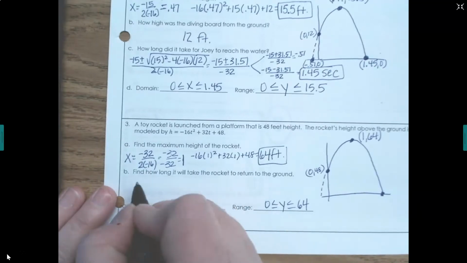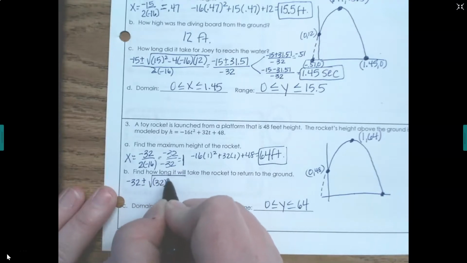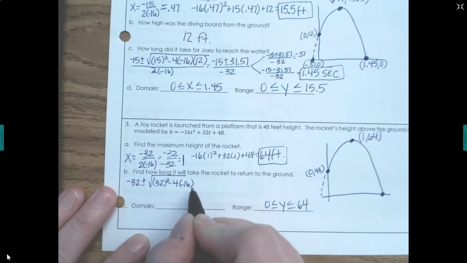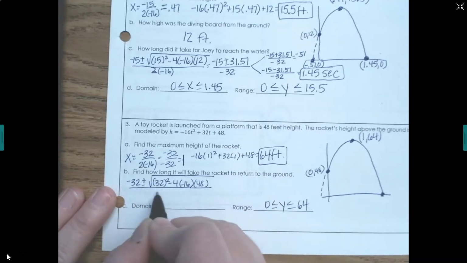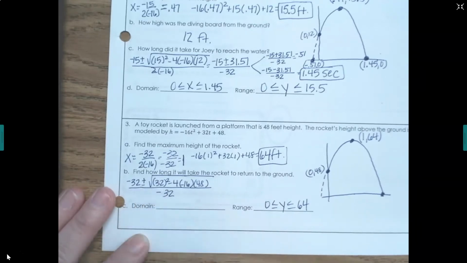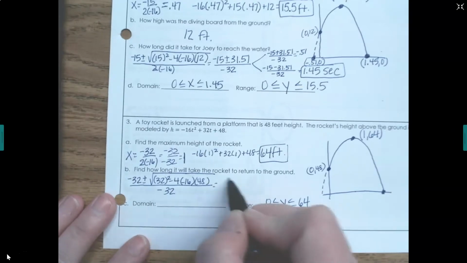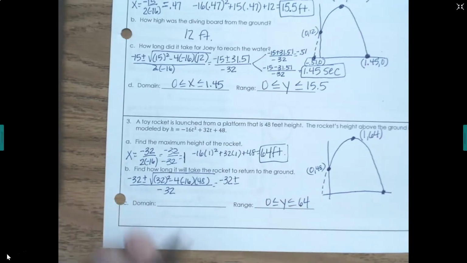So we have negative b plus or minus the square root of b squared minus 4 times a times c, and this whole thing will be divided by 2a, which will be negative 32. So we're going to start simplifying. So we have negative 32 plus or minus, what is that number?